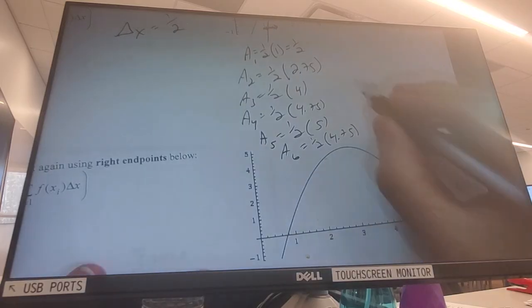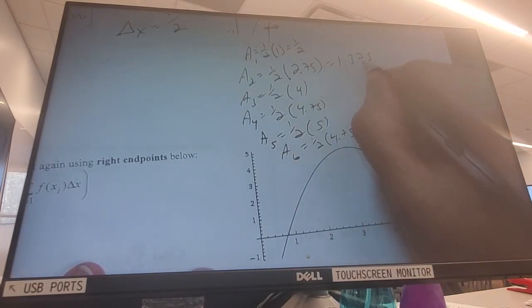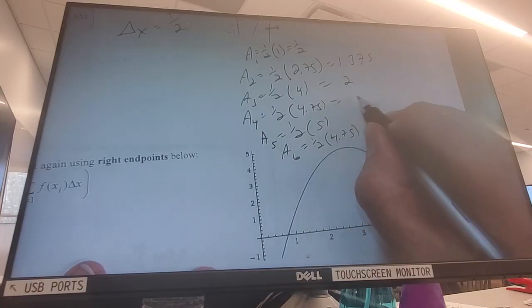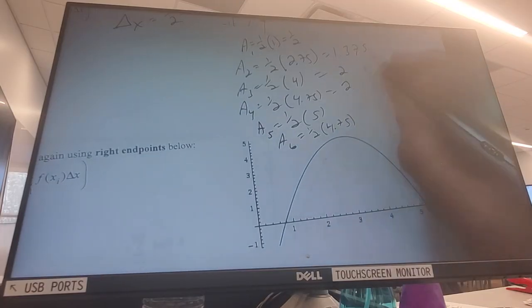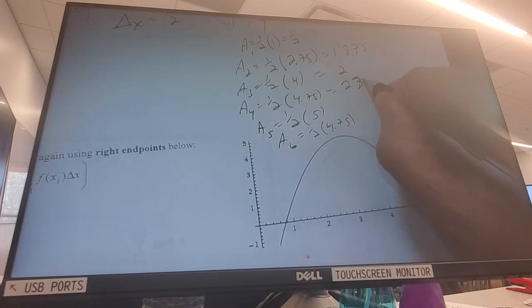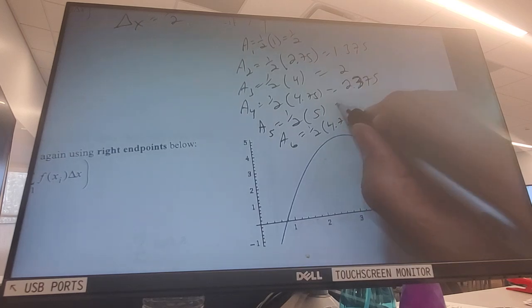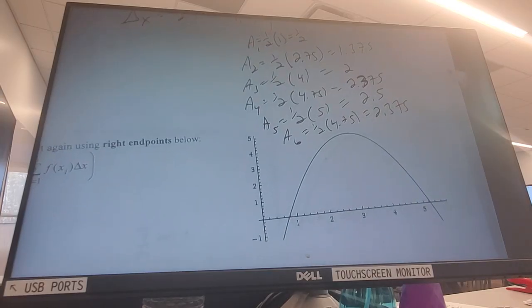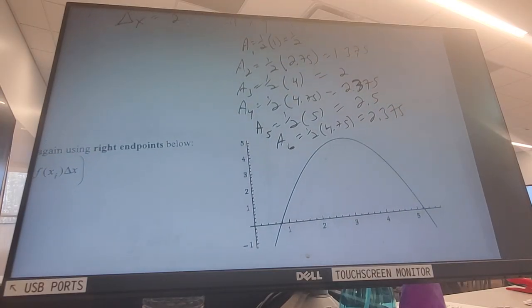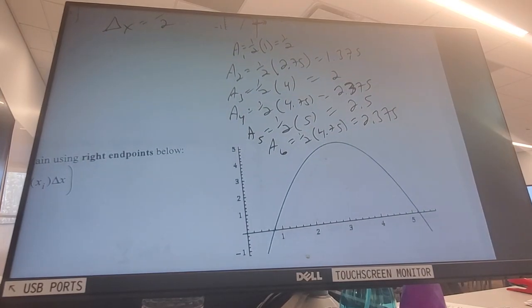So I get 1.375, 2 point something, 2.375, 2.5, and then 2.375. I think that's right. And then just add all those up.